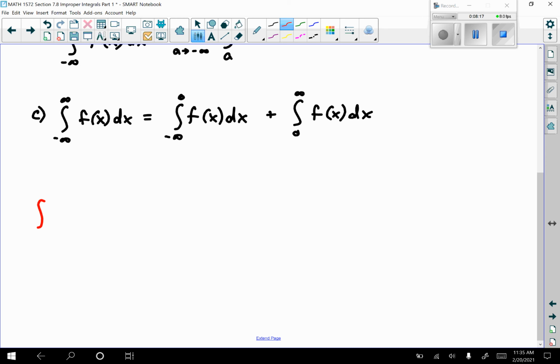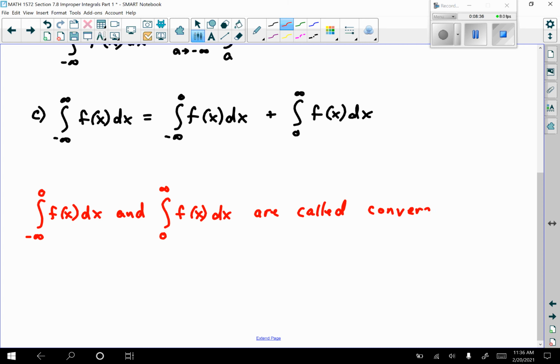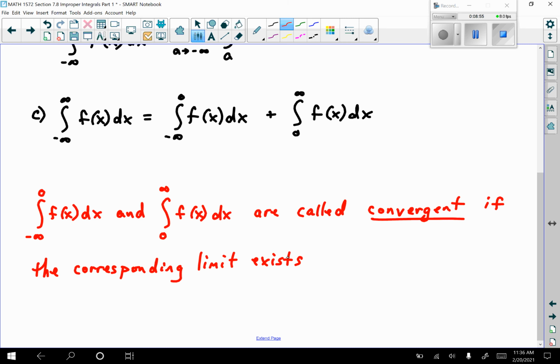If we have the integral from -infinity to 0 of f of x dx, and the other one here, the integral from 0 to infinity of f of x dx, these are called convergent if the corresponding limit exists, meaning if we do the calculation and we actually get a real number, a finite number here, and then divergent if the limit does not exist, meaning if we end up getting infinity or -infinity.